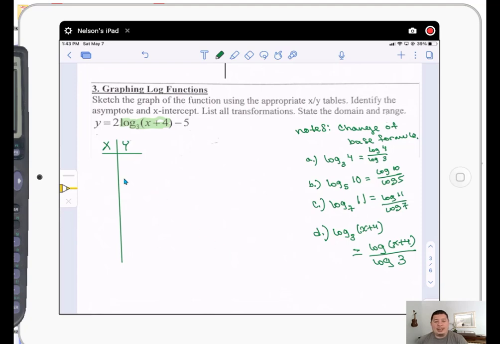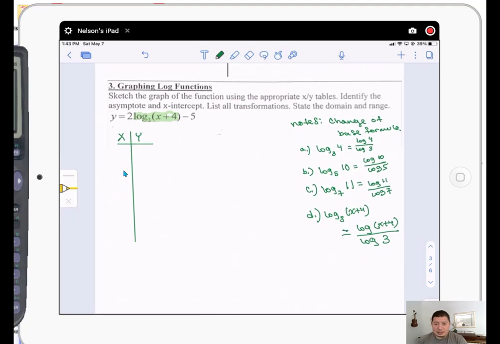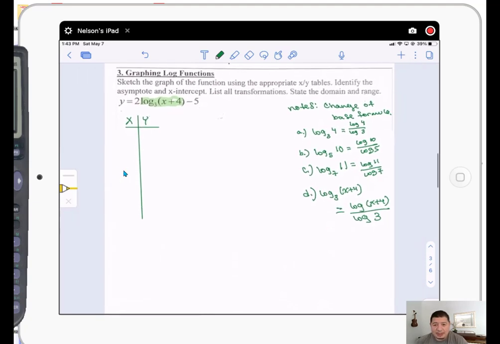Okay, so let's go ahead and take some values. But a problem that we would have when graphing a log would be, well, what would be the appropriate x and y values to substitute into here? Okay, so that's one of the reasons why we teach transformations.